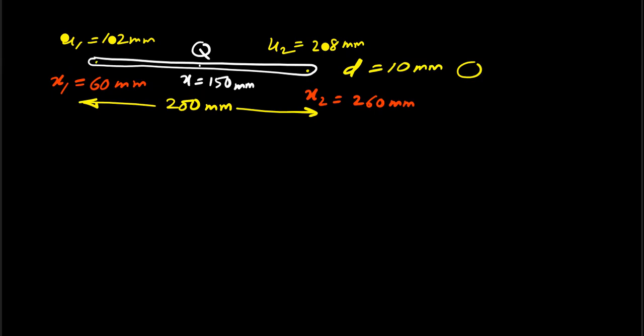So actually these x1, x2, x are the exact position of the rod.